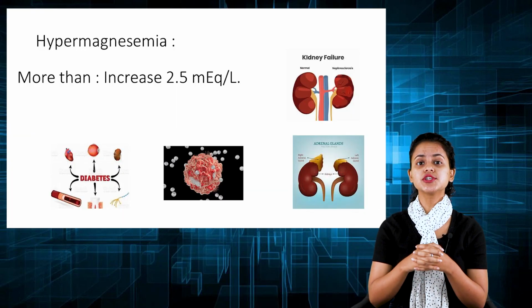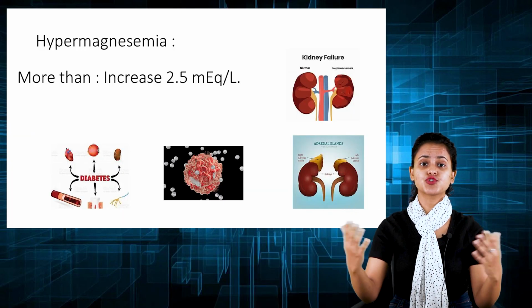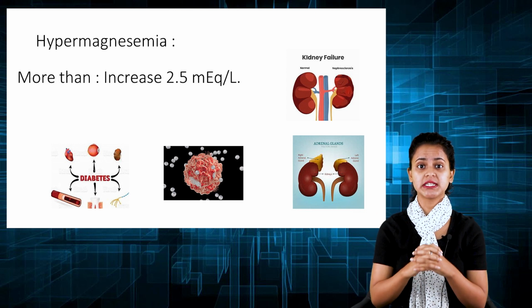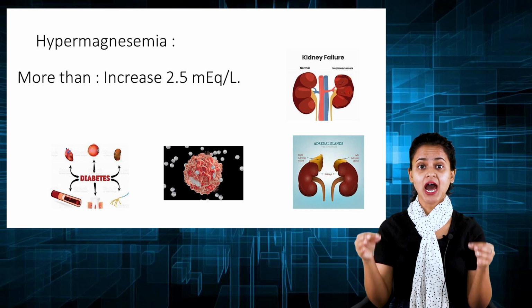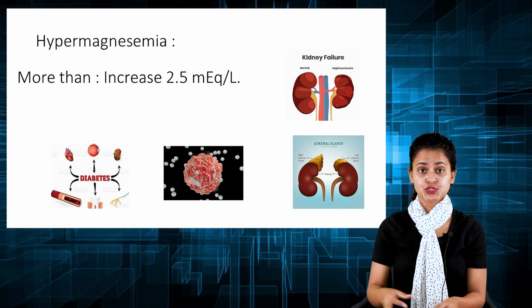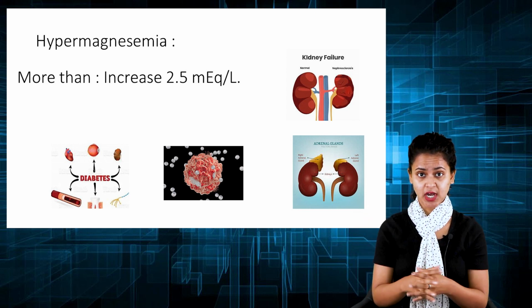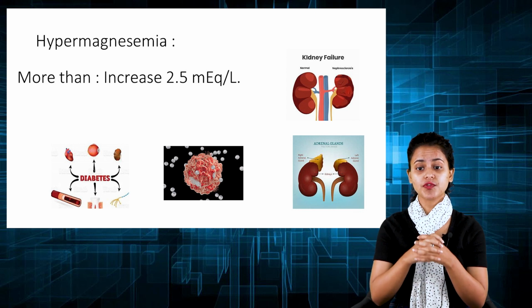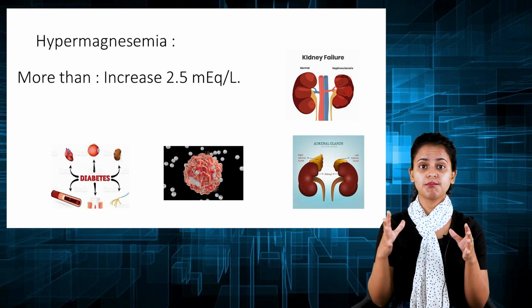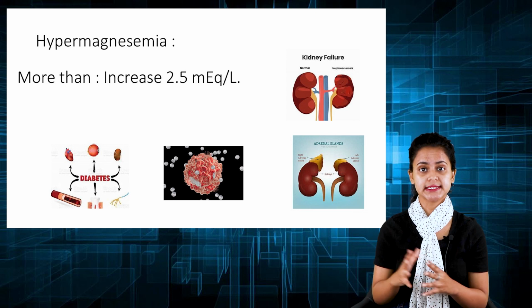One, where there will be an increased amount of magnesium compared to the normal level in the body, which is termed hypermagnesemia. We consider hypermagnesemia if the level of magnesium is increased to more than 2.5 milliequivalents per liter.